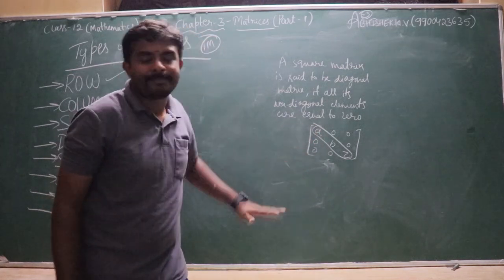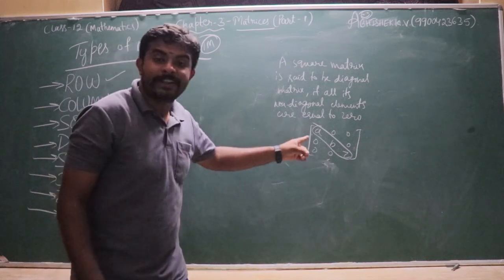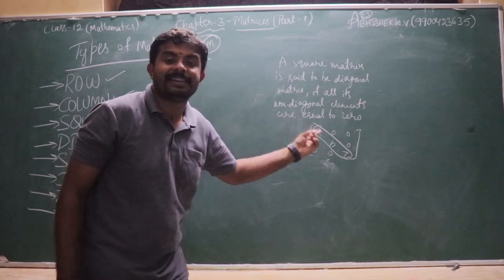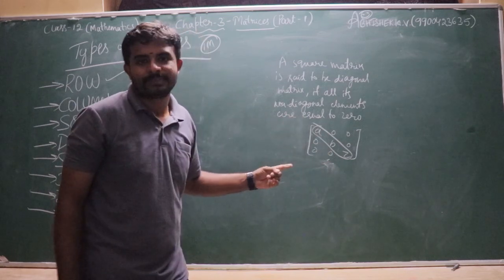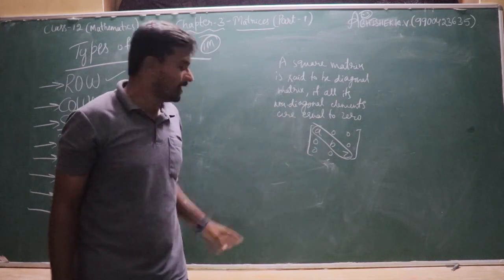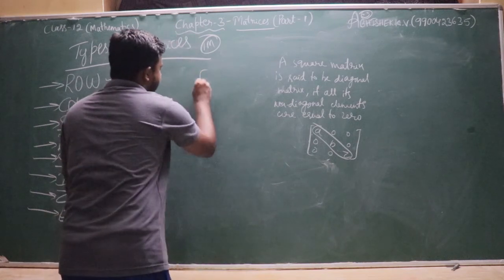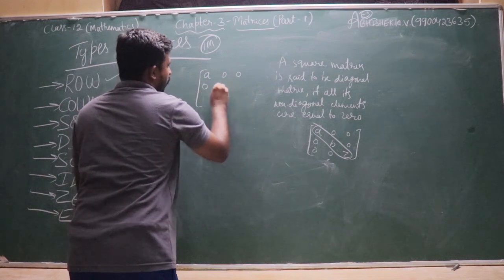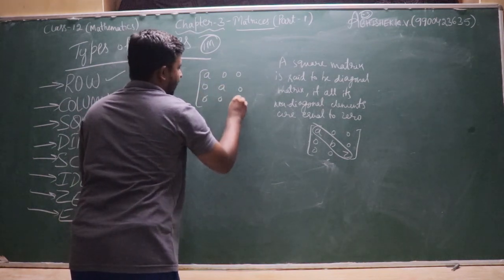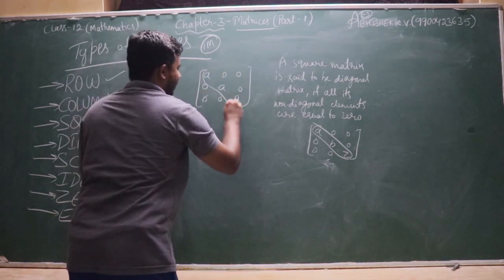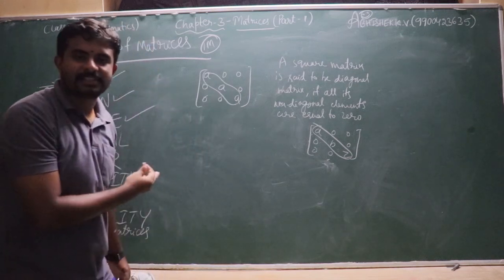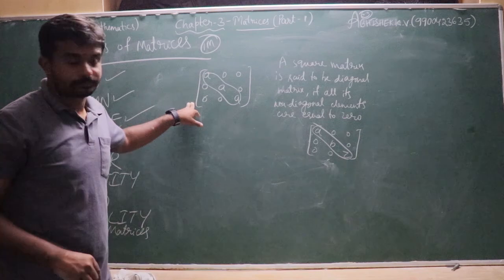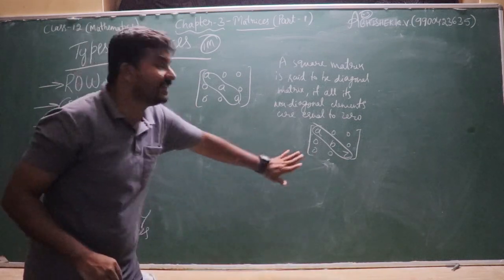Is it a scalar matrix? No, because the definition says all diagonal elements are the same. If I consider a, 0, 0, 0, a, 0, 0, 0, a, all its diagonal elements are equal. Therefore, this is called the scalar matrix. But this is not a scalar matrix. It is a diagonal matrix.